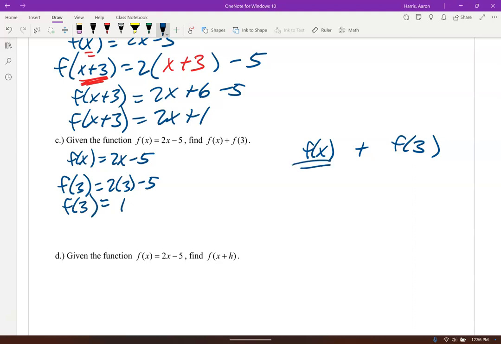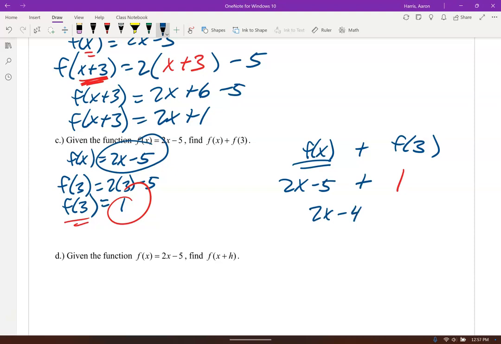So f of x plus f of 3 is 2x minus 5 plus 1, which is 2x minus 4. That's what f of x plus f of 3 is.